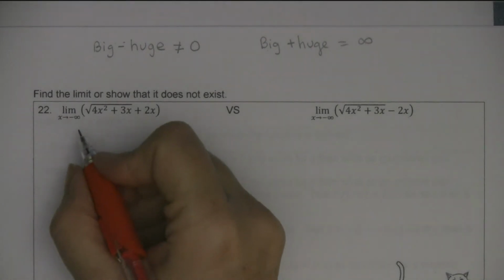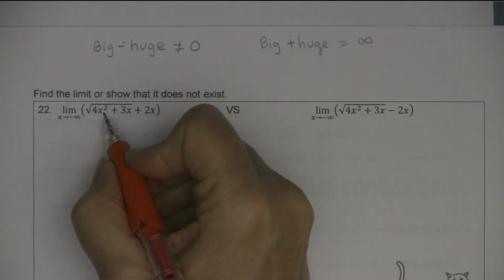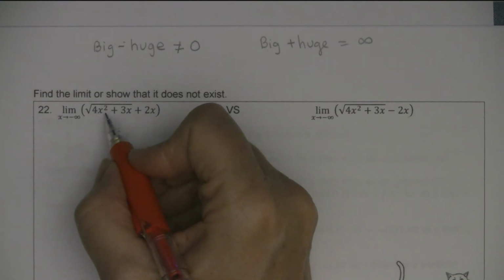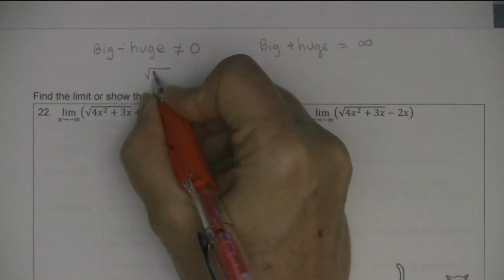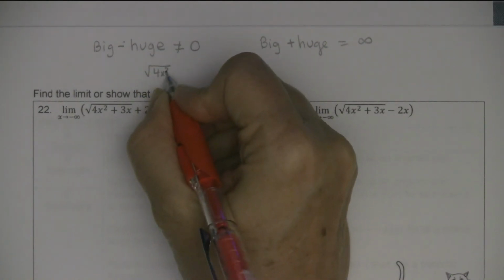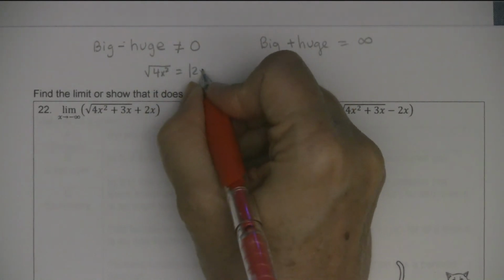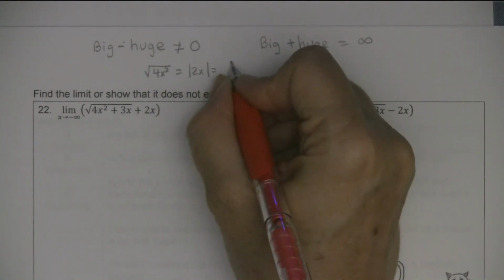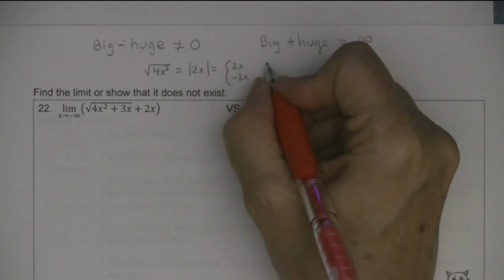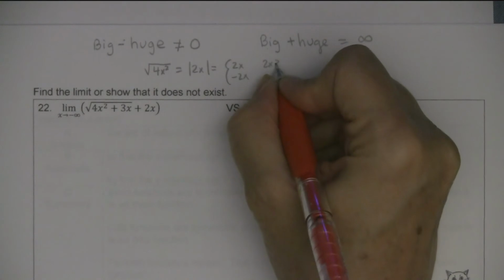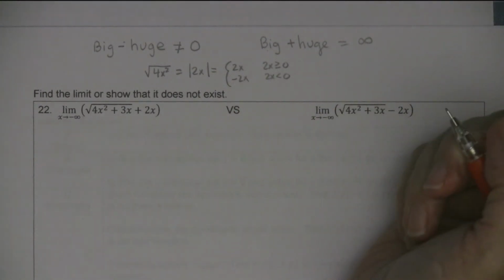So when I start thinking about it, the square root of 4x squared, just looking at the dominant term here, is equal to the absolute value of 2x, which is equal to 2x or negative 2x, depending on if 2x is greater than 0 or if 2x is less than 0.